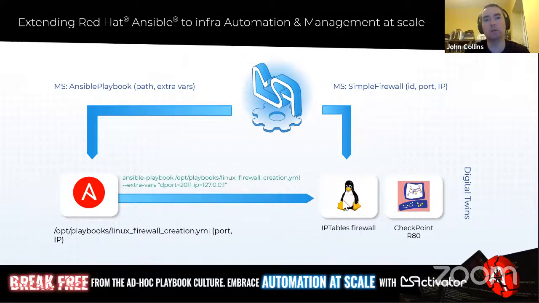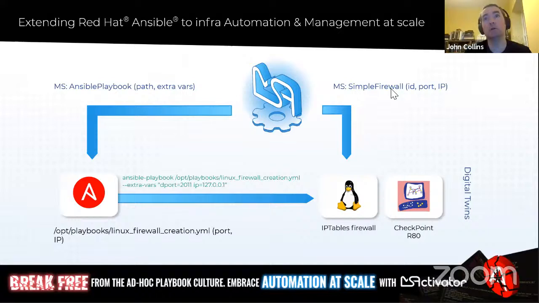For the second part of the demo, we're going to introduce MSActivator into the equation, and I'm going to show you how we can manage both sides of it. We're going to use microservices from that framework to manage both of these things. We'll use one microservice from the library to manage the Ansible, to discover playbooks and, more importantly, execute playbooks.